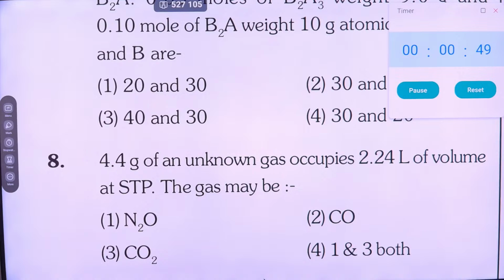Which gas are we talking about? 4.4 gram of an unknown gas occupies 2.24 liter of volume at STP. Okay, got it. So let's see which one is the right answer, guys.